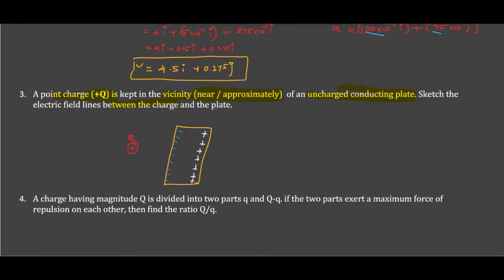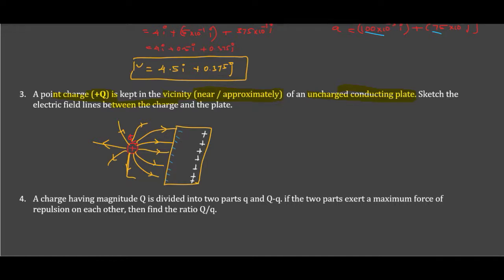Based on this, we need to draw the electric field lines. Positive charge means radially outward, so it will move towards the negative charge. Like this we have to draw. So that's all about the solution of the third concept.